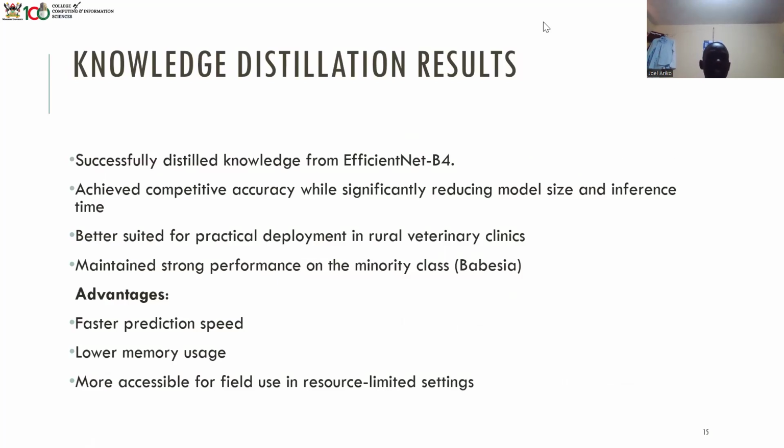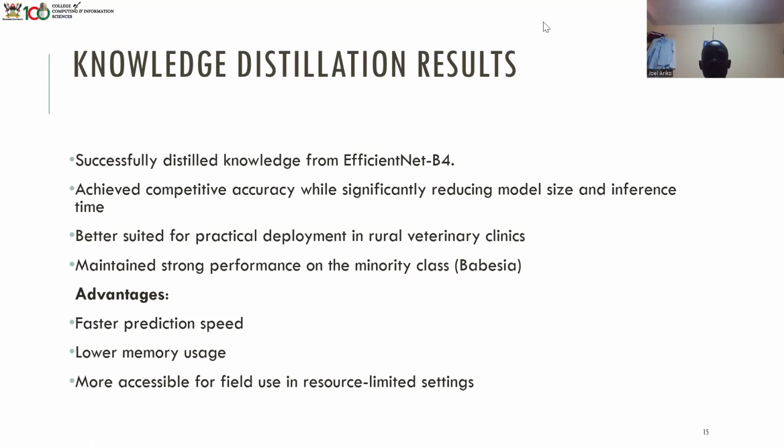So in this case, we successfully distilled the knowledge from our EfficientNet B4 to our student. The advantages of this were the faster prediction speed, and also EfficientNet B4 consumed a lot of memory. So this knowledge distillation helped us to lower memory usage and also gave more accessibility for the field in resource limited constraints.